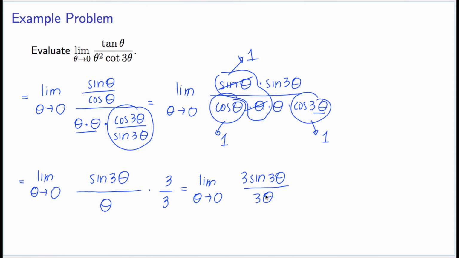Now I can use my result, which says that the limit as theta goes to 0 of sine of a quantity over that same quantity goes to 1. So as theta goes to 0, 3 theta goes to 0, so I can use our property and say that this guy goes to 1. So we simply get 3 times 1, or 3, for this limit.